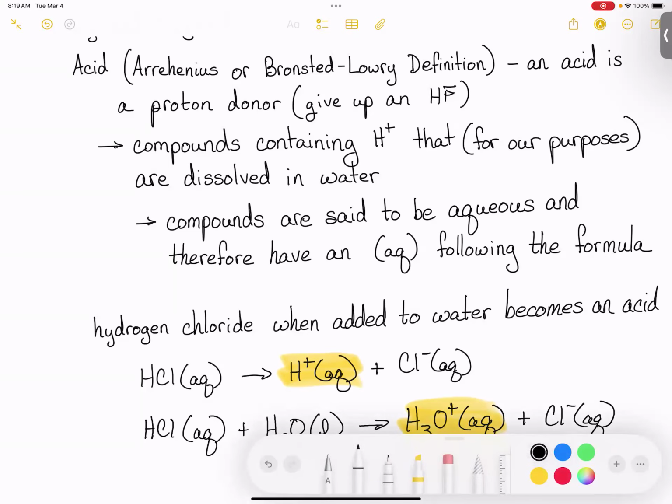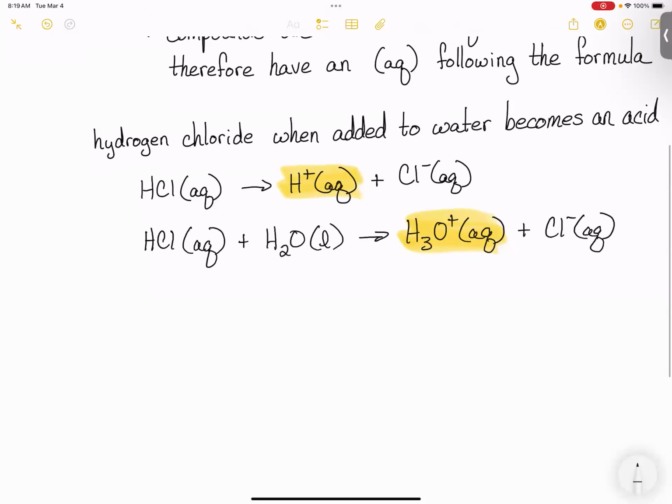Let's look at another example. When you take H2SO4 and add it to water, it becomes sulfuric acid.